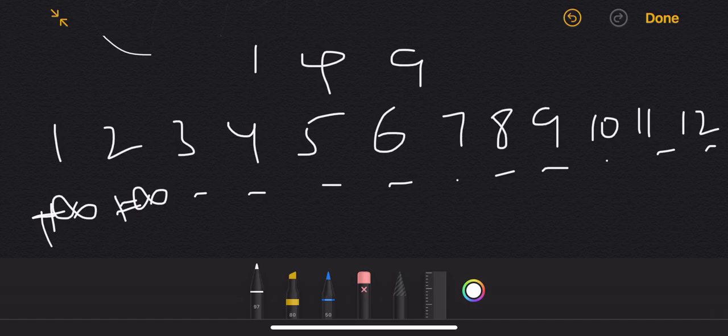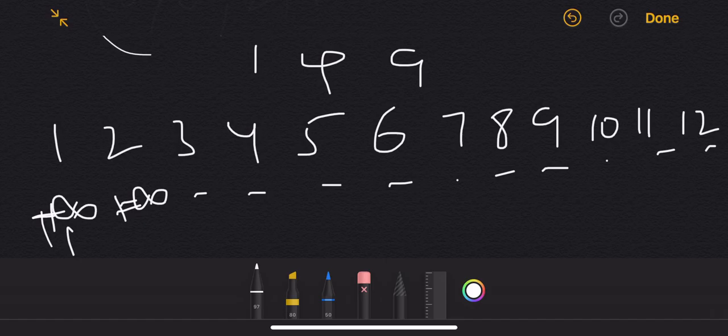For 1, what are all the nodes that can possibly lead to 1? It is nothing; we are already at 1, or we can come from 0, but 1 is already a perfect square, so we don't consider any nodes that lead to 1. So we just put 1, because that is the minimum number of splits for 1.